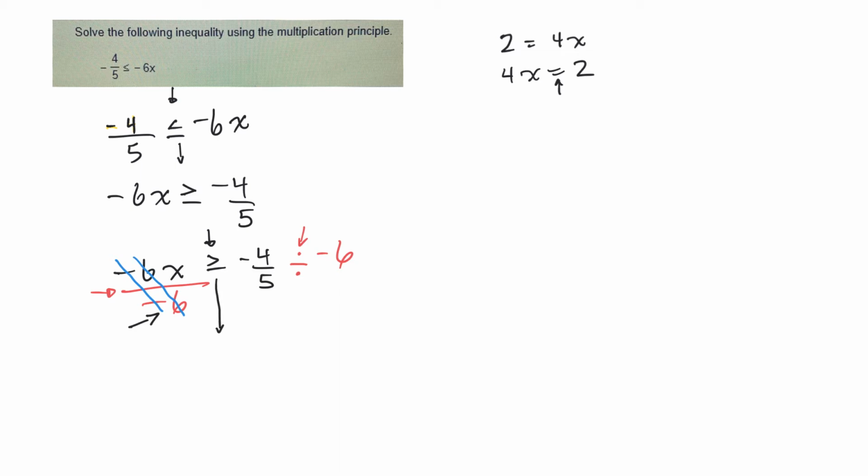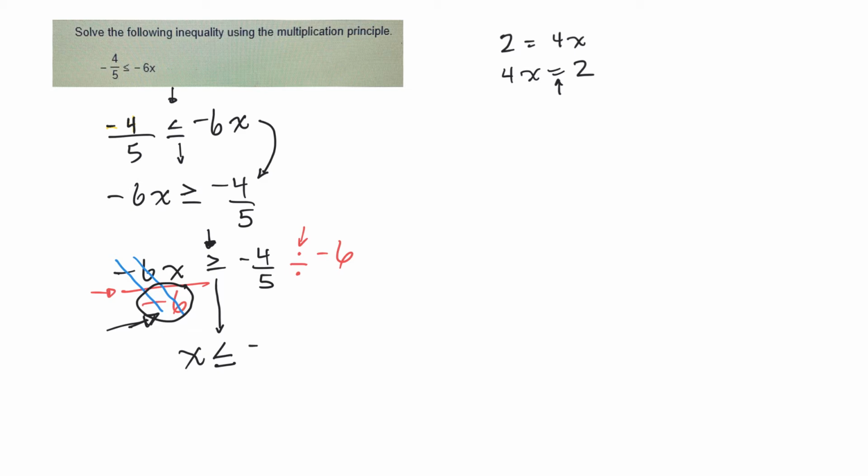So it has to change to a less than or equal to. It's a little confusing because I had to change the inequality twice here. The first one changed because I switched sides. The second change happened because I divided by a negative number.